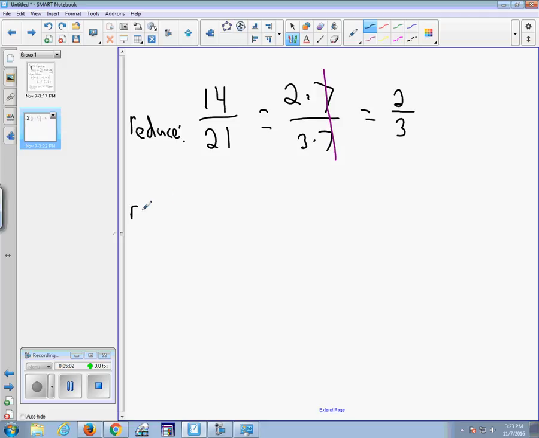Could we reduce 14 over 21 as, let's say, 11 plus 3 over 11 plus 10? Is that true, first of all? 11 plus 3 is 14. 11 plus 10 is 21. So cancel the 11s. 3/10, right?